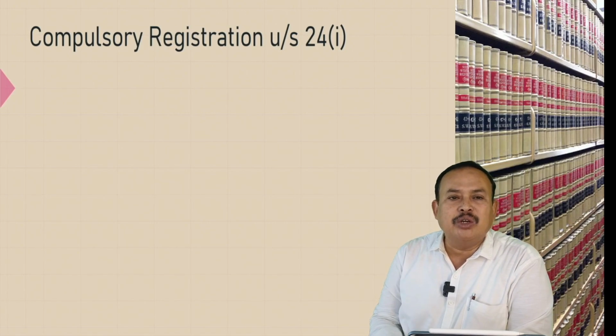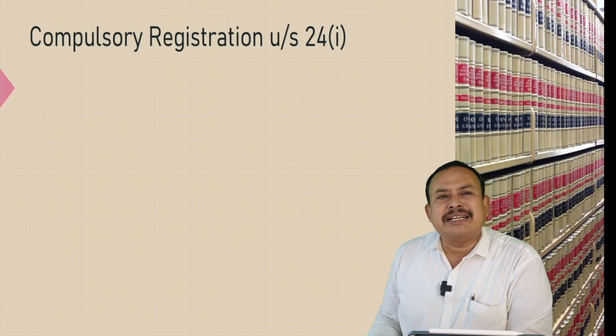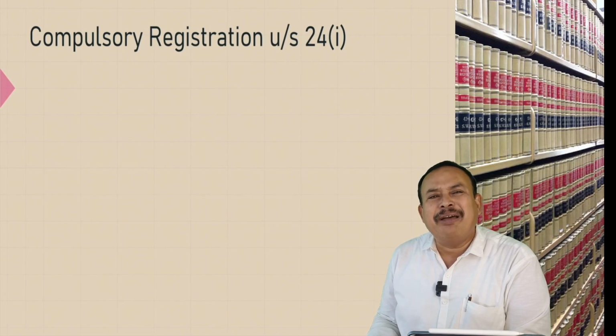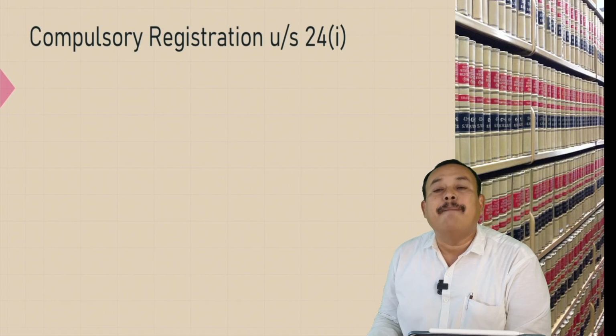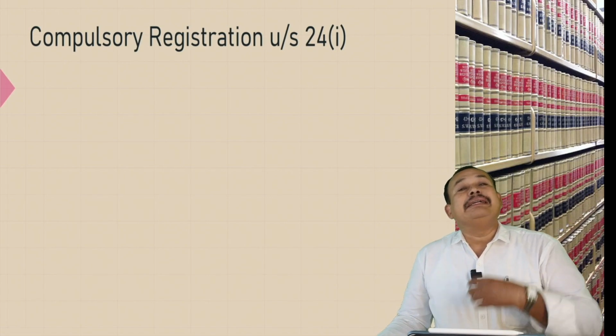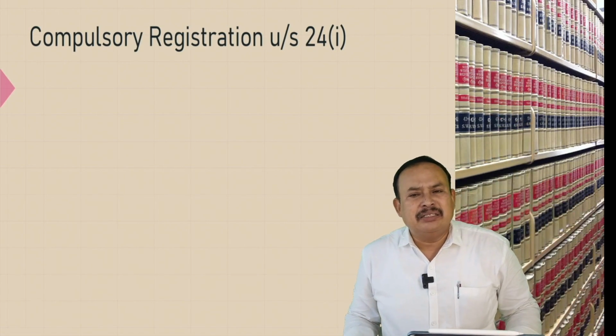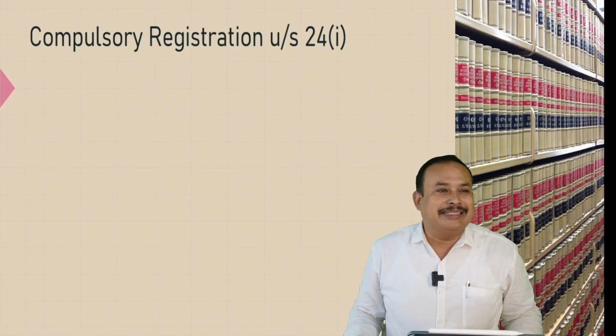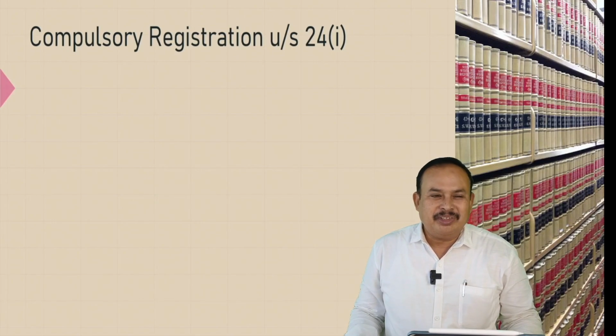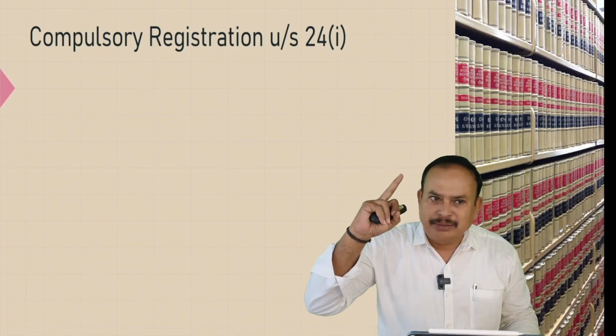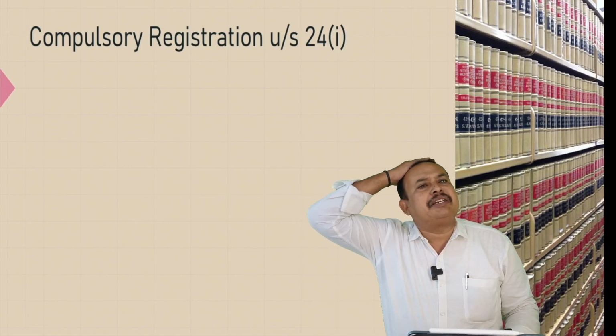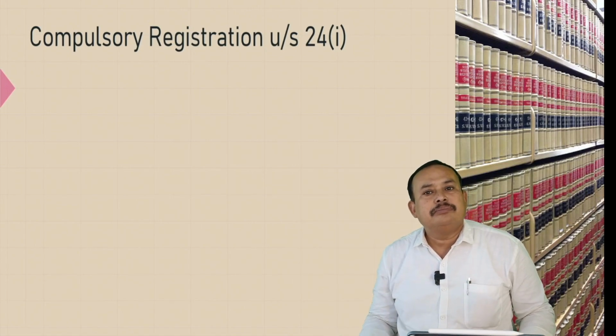If I supply interstate outward, I am liable to pay IGST instead of CGST. If I am liable to pay IGST, for me registration is compulsory, irrespective of the turnover.